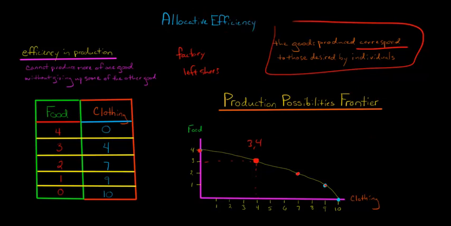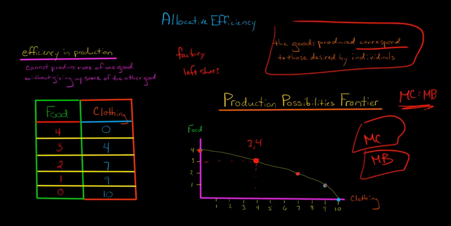But another way, without any math, is to look at the marginal cost curve, which we can derive from the PPF, and the marginal benefit curve, which cannot be derived from the PPF. If you have information about people's willingness to pay, we can find the point where marginal cost equals marginal benefit, which is the point of allocative efficiency.